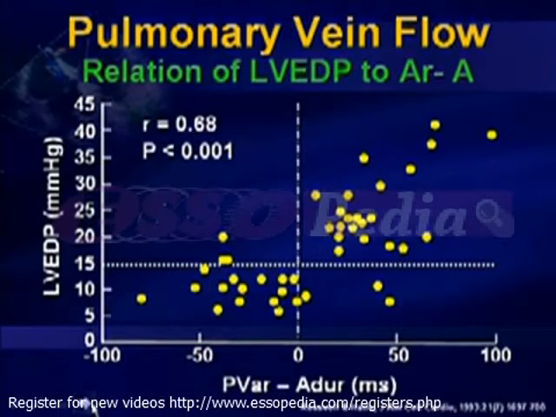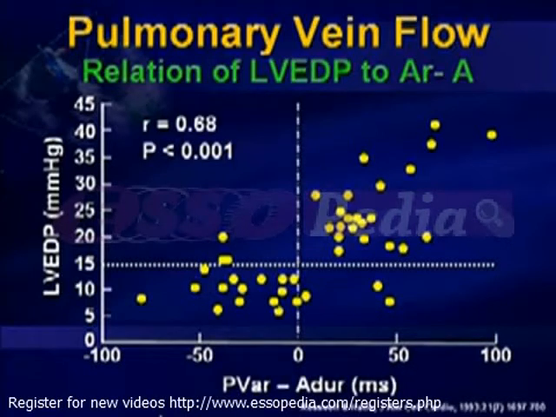Now, left atrial size and the mitral inflow velocity pattern are indicative of an increase in mean LA pressure. Isolated increase in left ventricular end diastolic pressure is the first hemodynamic abnormality noted in those developing abnormal diastolic function. And when the pulmonary venous A wave duration exceeds the mitral A wave duration, this suggests an elevation in left ventricular end diastolic pressure.